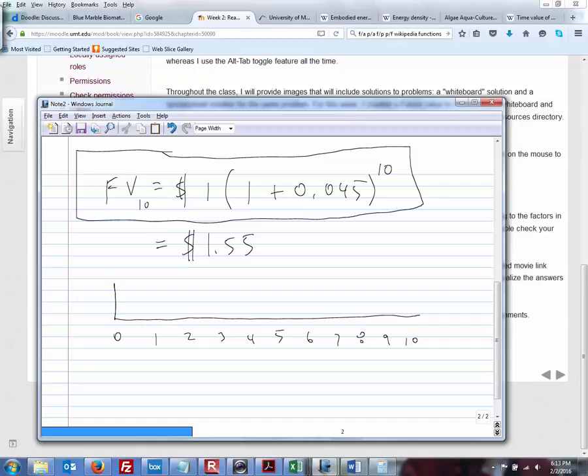Let's just say I get $5 in year 0. There's no interest rate, and I'm going to pay you back over 10 years: $1 in 2 years, $1 in 4 years, $1 in 6 years, $1 in 8 years, and $1 in 10 years, and then we're even, right?